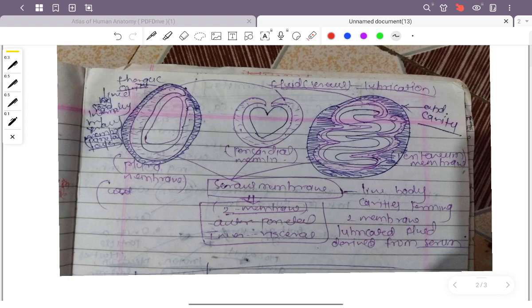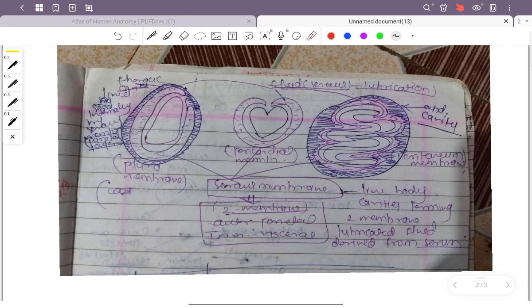The way I remember it: inner starts with the letter E sound when we pronounce it, and the inner layer is known as the visceral layer.